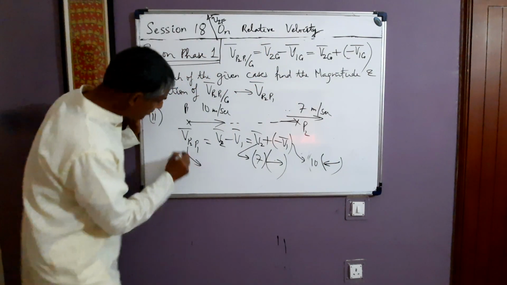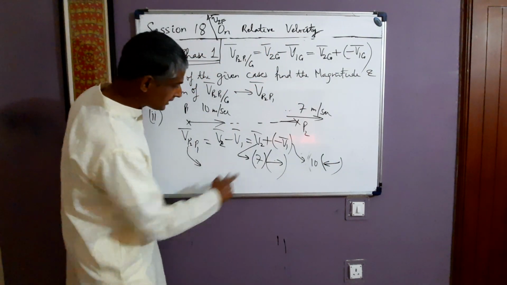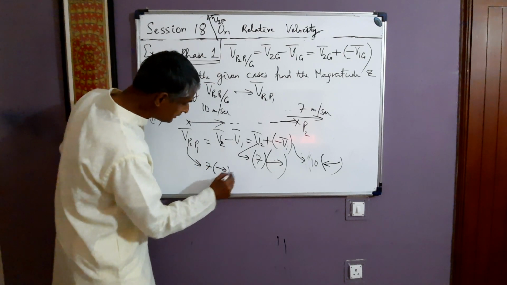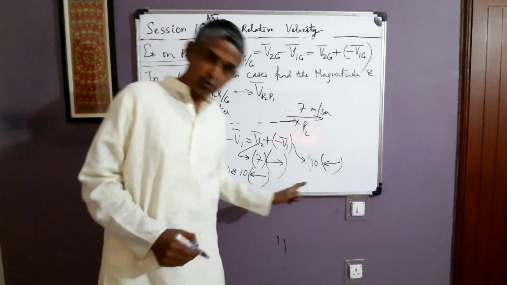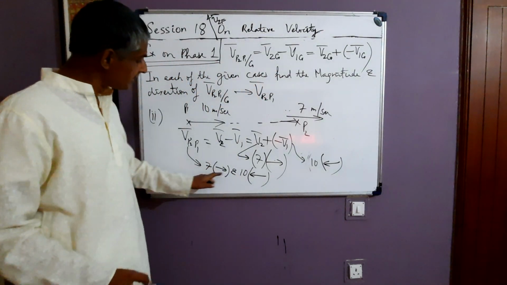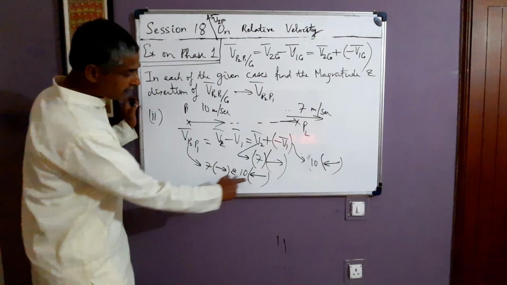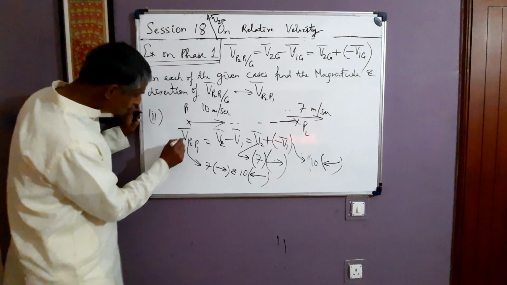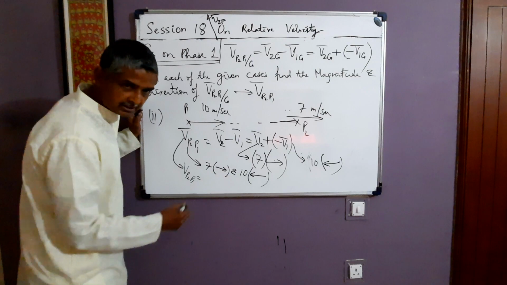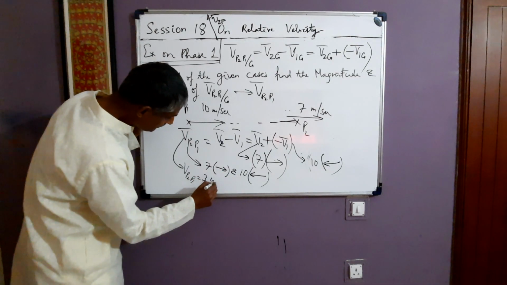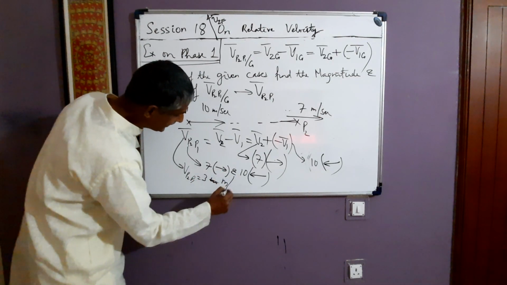So the relative velocity of P2 with respect to P1 is the vector sum of 7 right and 10 left. Now these two have opposite directions, so the magnitude of Vp2P1 will just be the difference in magnitudes of these two vectors, 10 minus 7, 3 meter per second.